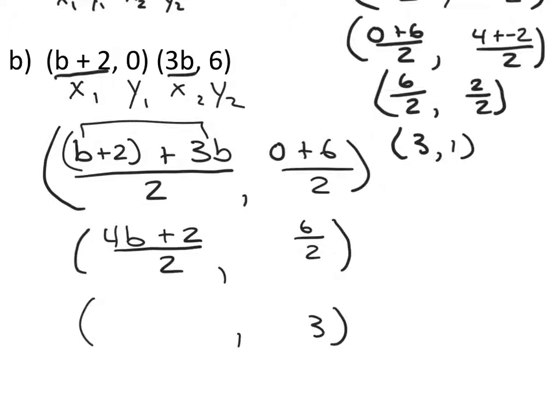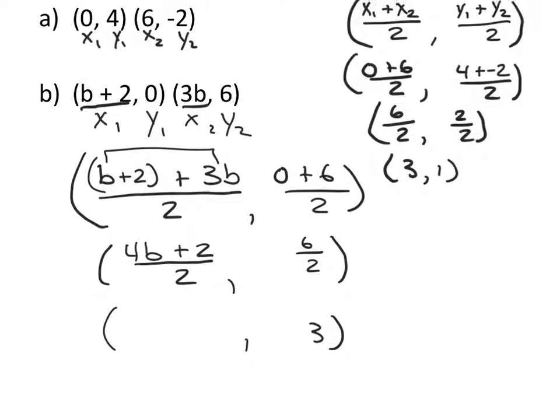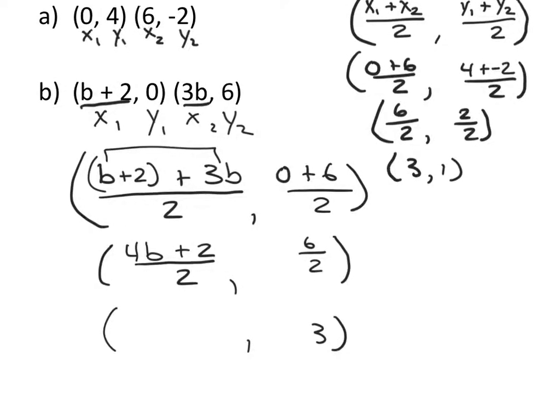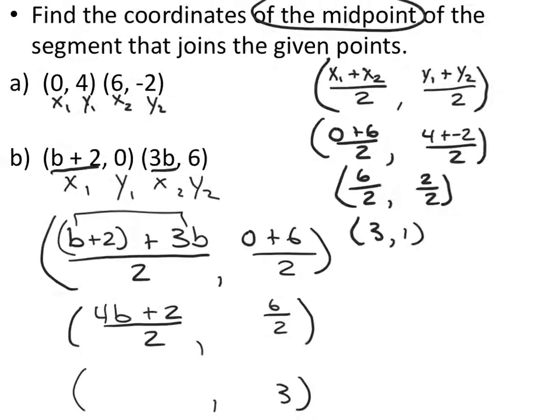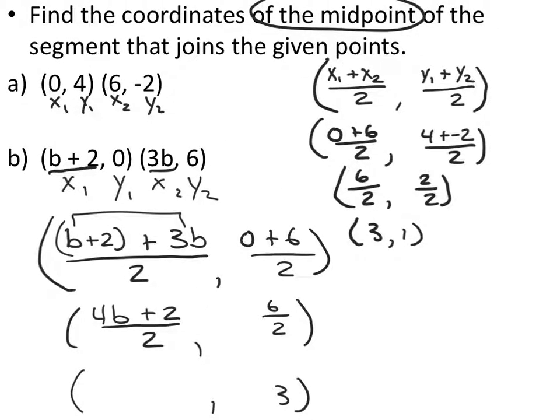Is everybody okay with how I got that? If not, stop me now because I don't mind. I won't judge you. Why do you have 2 sets of parentheses? I'm sorry, when you said 2 sets of parentheses, what do you mean? These parentheses right here around the formula are these right here.